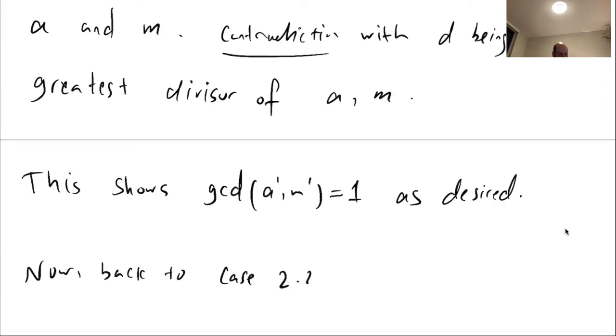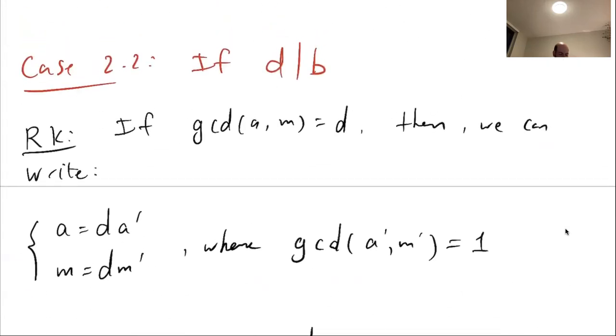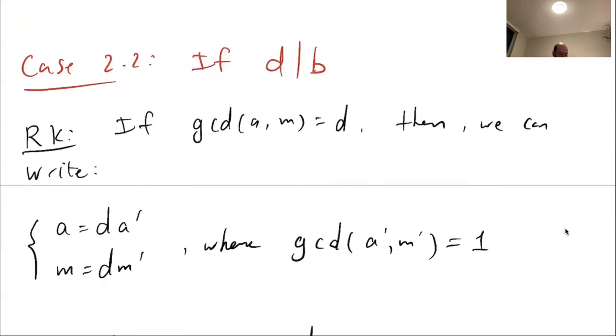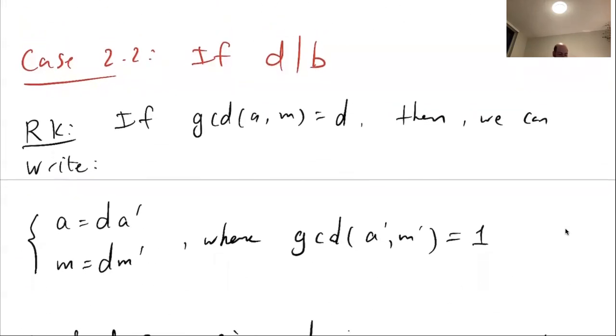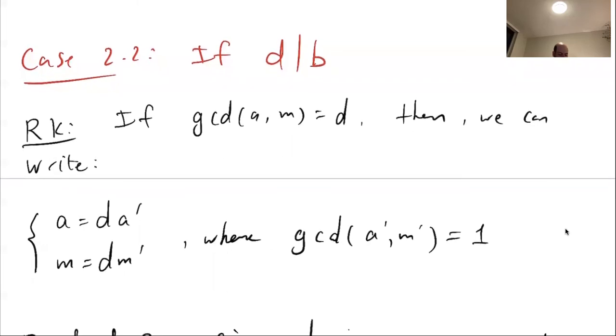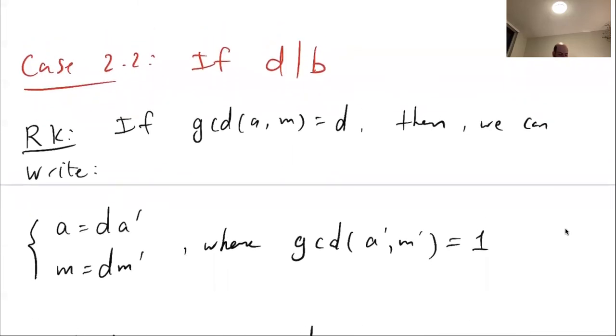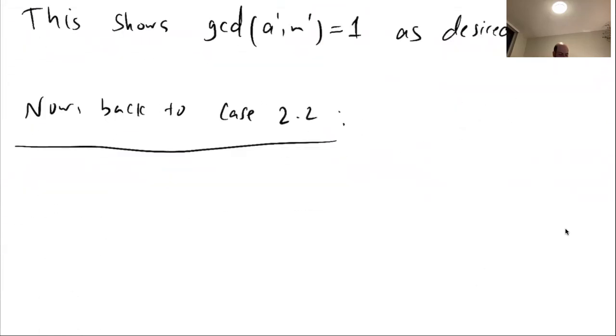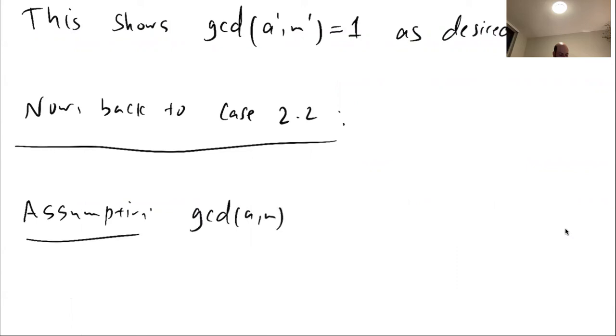Okay, now back to case 2.2. So what was the assumption in case 2.2? We are assuming D divides B and GCD of A and M equals D, which is bigger than 1. So our assumption is GCD of A and M equals D bigger than 1 and D divides B. So this implies what?